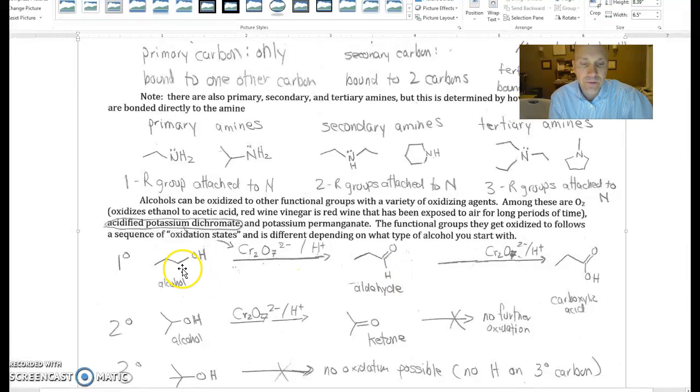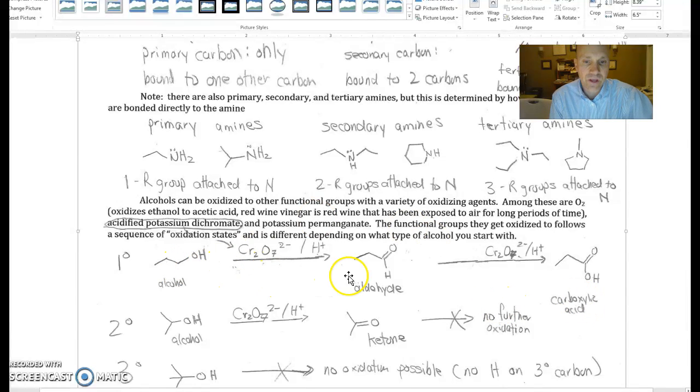So since we lose hydrogen, that's an oxidation, and going from an aldehyde to a carboxylic acid is also an oxidation because we're gaining an oxygen atom. We can describe these three points as different oxidation states: this is the alcohol oxidation state, this is the aldehyde oxidation state, and this is the carboxylic acid oxidation state.